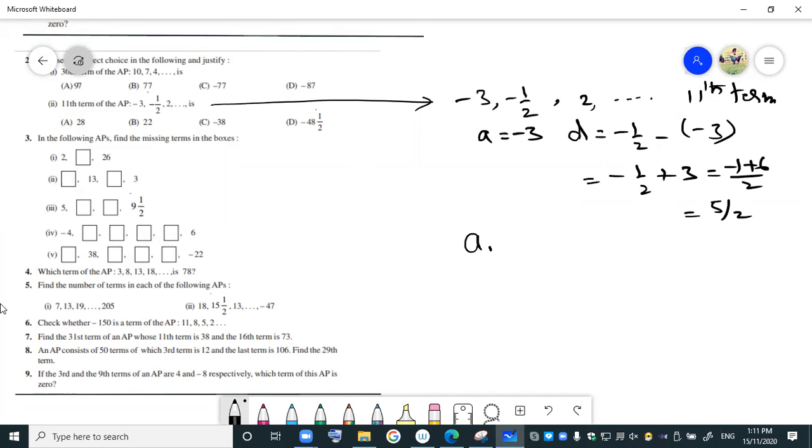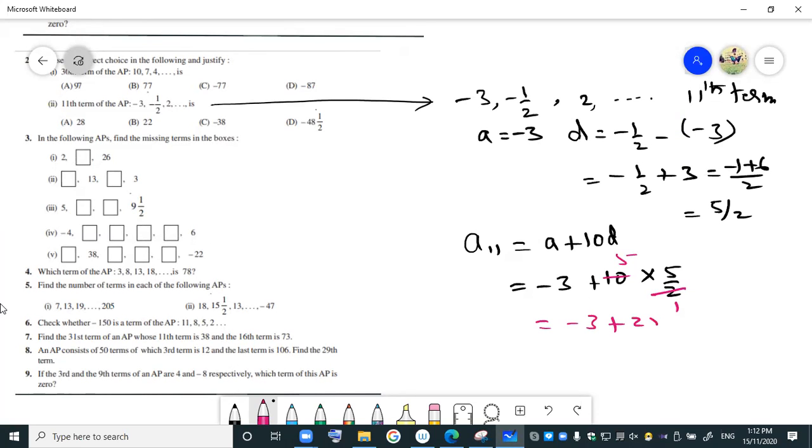To find the 11th term, A11 will be a plus 10d. A is minus 3 plus 10 into common difference 5 by 2. You can cancel: 2 ones are 2, 2 fives are 10, 5 fives are 25. Minus 3 plus 25 is 22. Your answer is 22.